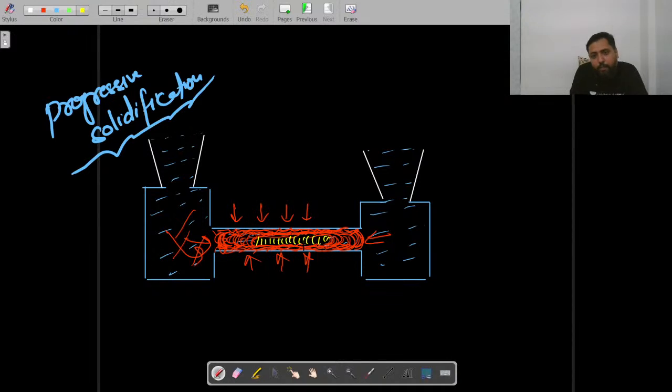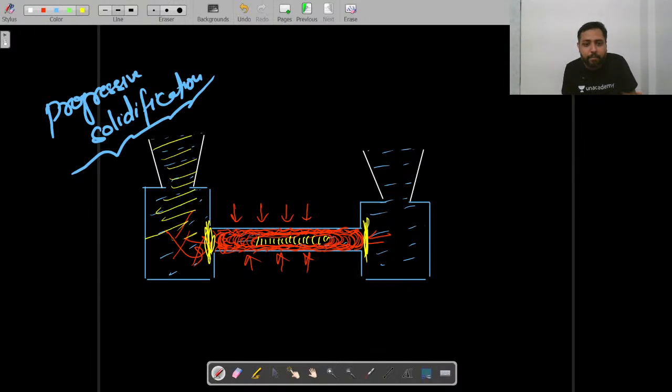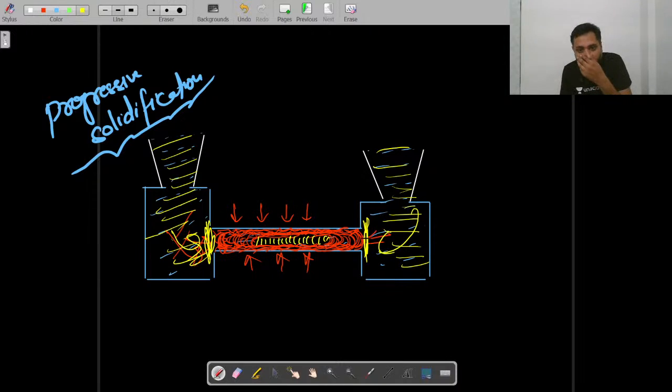Here also there is molten metal which will solidify and shrink, but there will be nothing to compensate for it, because these two routes have been blocked from where the molten metal can come back. This road itself has been blocked because the solidification has taken place here. So what will happen later on?